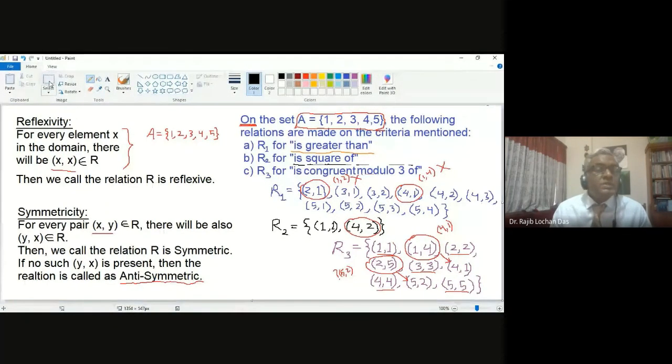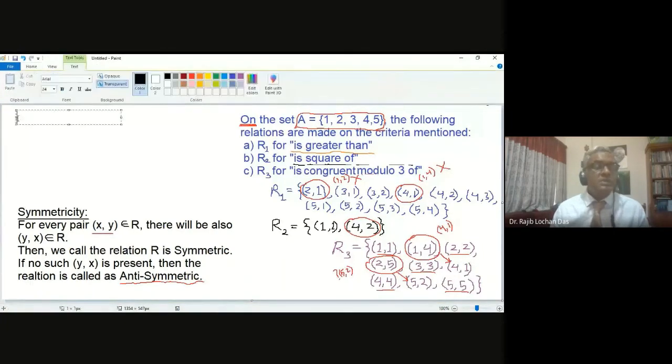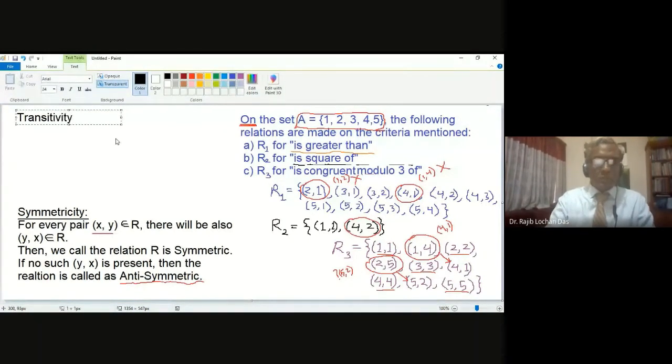Okay, you got my point? Let me tell you another one, the transitive property, quickly, and then we will discuss all these again with some examples tomorrow. So another property is the transitivity property.